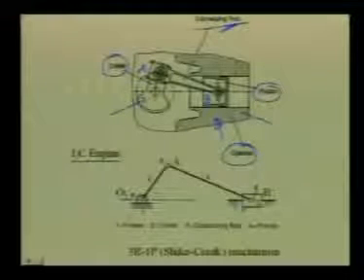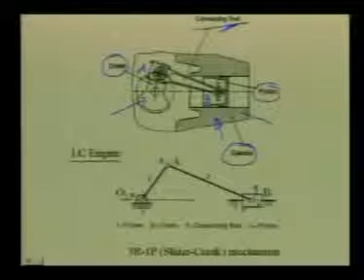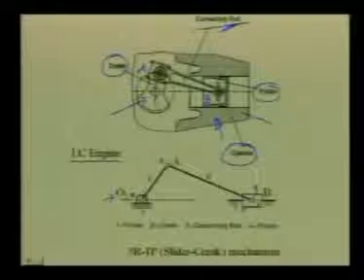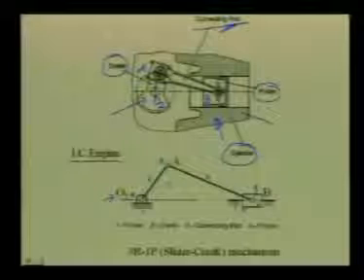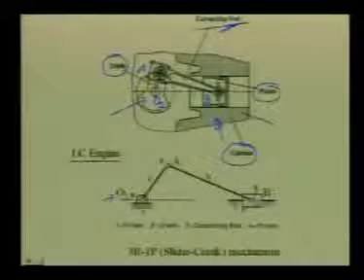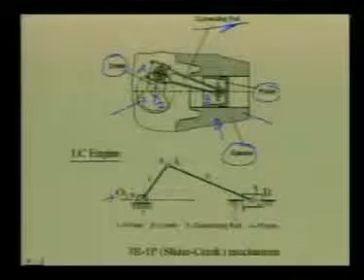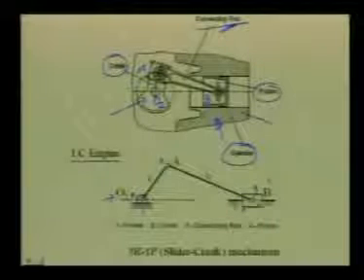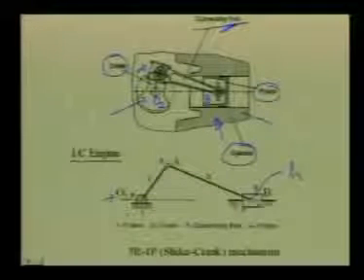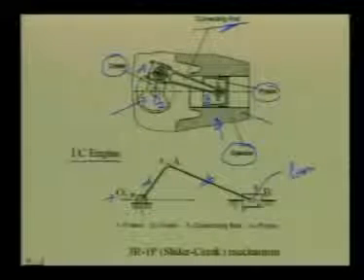So, the kinematic diagram, which is drawn below this diagram, has three revolute pairs, one at O2, which is the location of the crankshaft, one at A between the crank and the connecting rod, and one at B between the connecting rod and the piston, and the cylinder has a prismatic pair. 4 denotes the piston, 3 denotes the connecting rod and 2 denotes the crank.